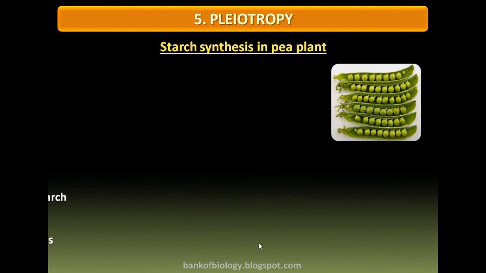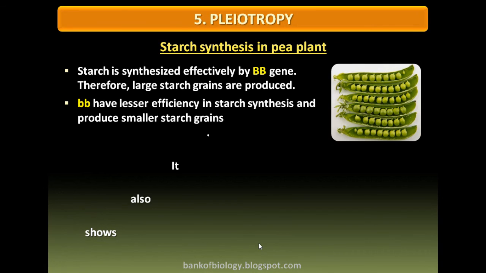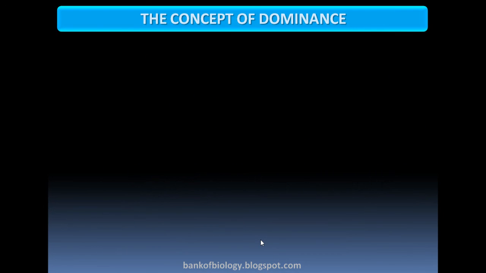In the case of starch synthesis in pea, it is controlled by gene B, and the capital form or dominant form produces large size seeds and more starch, and the recessive form produces less starch and small size seeds. Whereas when both are crossed, they produce intermediate size of seeds. So in this video, we discussed the Mendelian deviations.